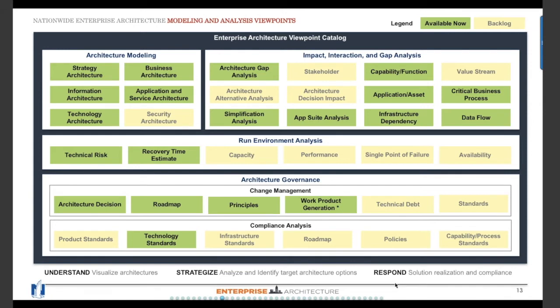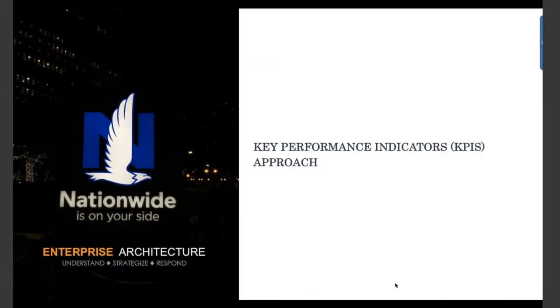And finally, architecture governance and change management. There are two things you do: change management as well as compliance analysis. In change management, we would do architecture decisions and work product generation, and compliance analysis is, for example, how compliant are you with the technology standards?